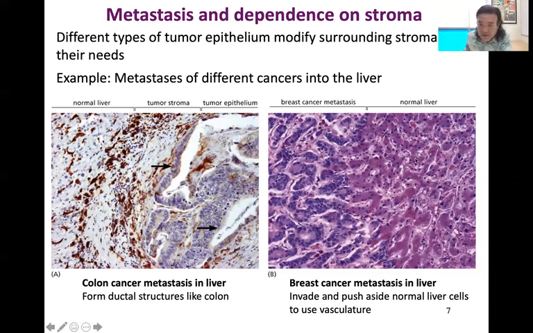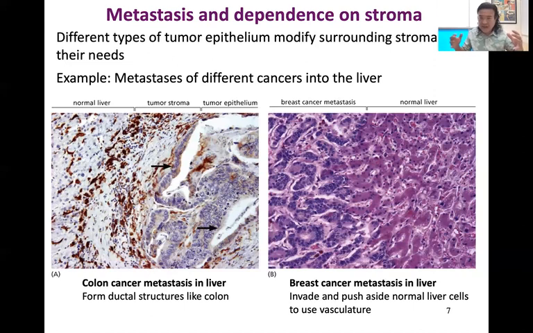Throughout this normal liver tissue, you can see little red spots. These little red spots are red blood cells. That means anytime you see a little group of red spots, that happens to be a cross-section of a capillary that was running through here. And so these breast cancer cells are shoving and telling the normal liver cells to spread apart so that the cancer can have access to more of the blood flow.